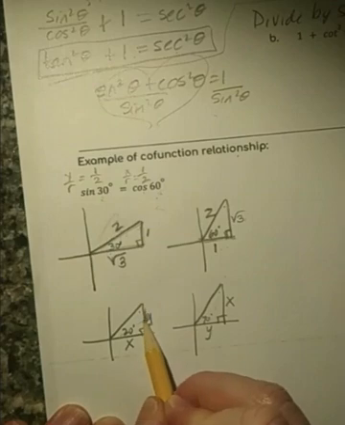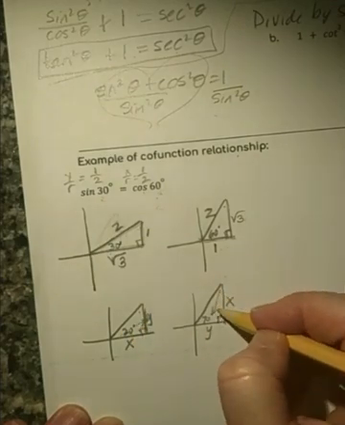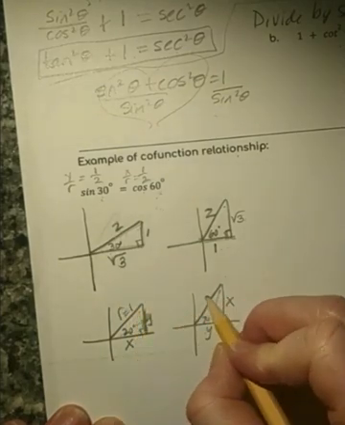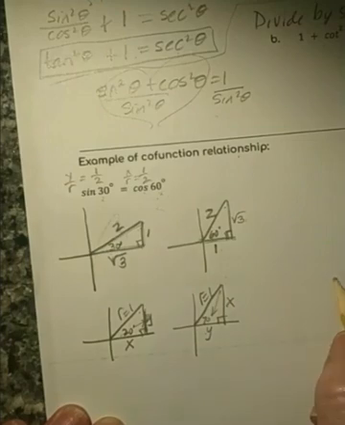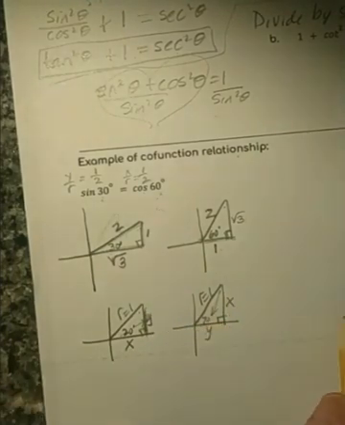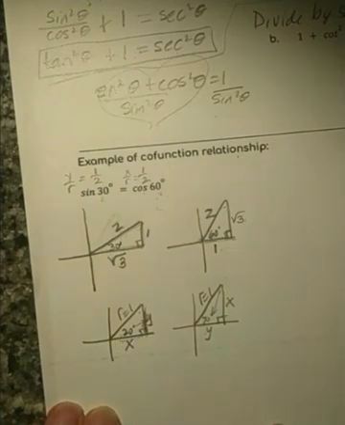This y coordinate is across from the 20-degree angle. So across from the 20-degree angle would be whatever y coordinate's here, as long as the radius is the same. We'll say it's 1. As long as this radius is the same as this radius, this y-coordinate now becomes this x-coordinate. And this x-coordinate now becomes this y-coordinate. So y and x kind of swap places for complementary angles.